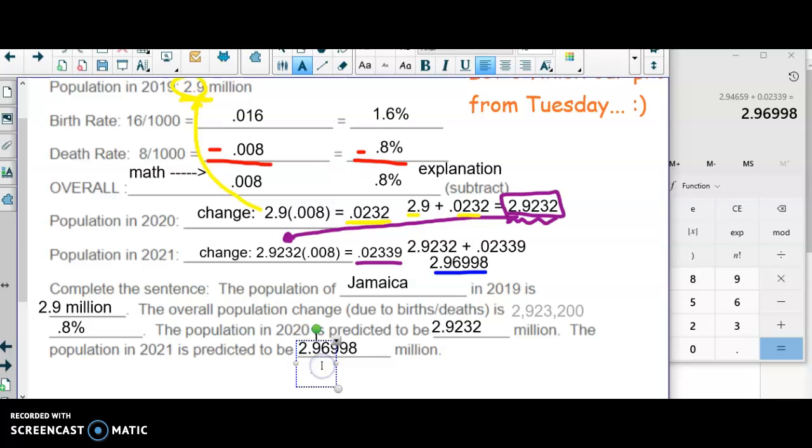If decimals throw you off, that's what you could do. 2,969,980, and that's just moving it so the comma turns into a decimal, and that's what it'll look like. Okay? So that's our first activity that we have to do today. All right, and that's our warm-up, and that's our Jamaica problem.